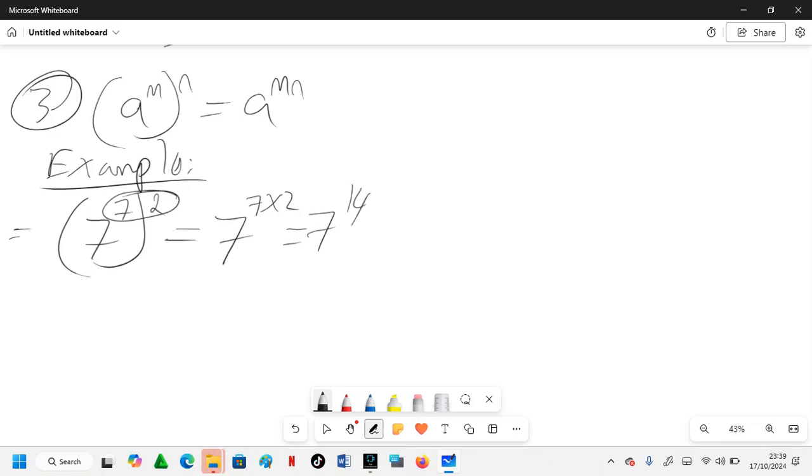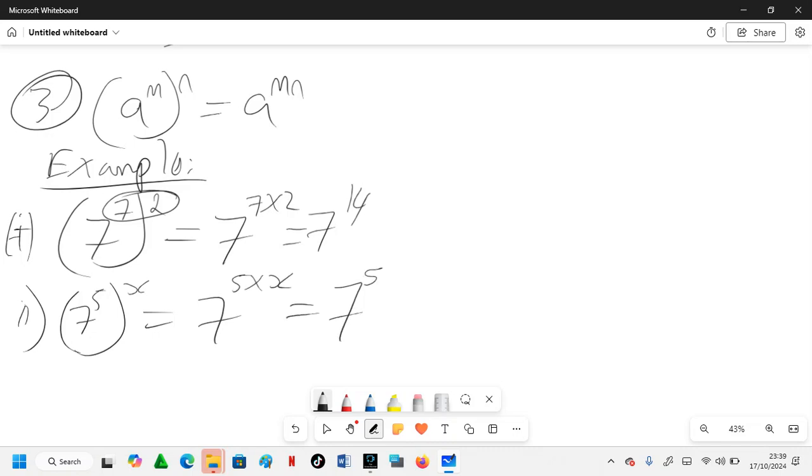Maybe let us look at another example. Maybe if we have 7 to power 5 and then to power x, we're going to have 7 to power 5 times x, which will be 7 to power 5x, alright?